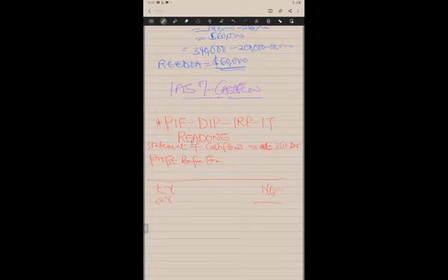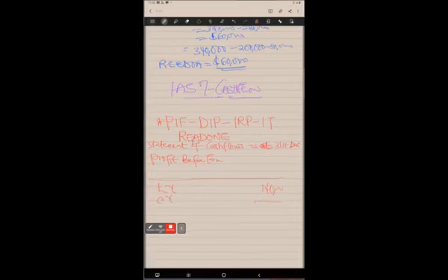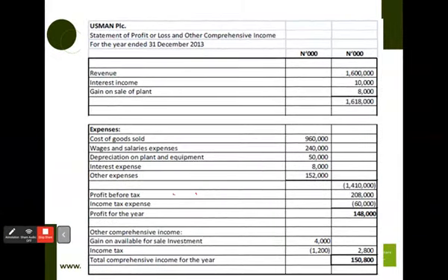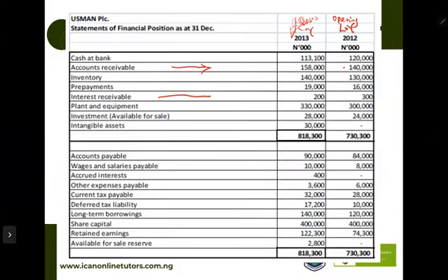So last year is 140,000, and this year is 158,000 naira.